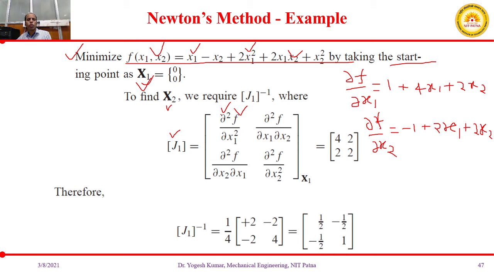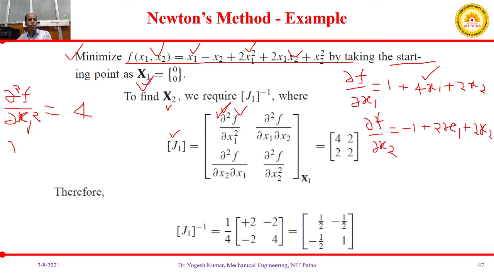In order to calculate the second partial derivative, what will be the value? If you calculate the second partial derivative of your function, del square f over del x1 square will be 4, obviously, we can calculate from this.